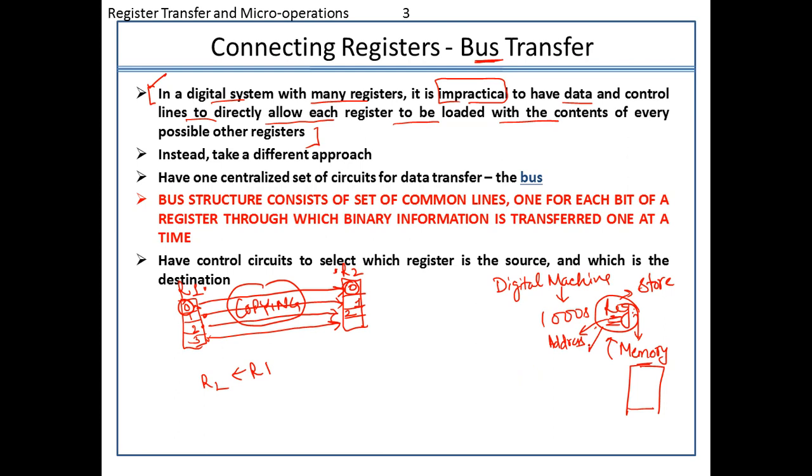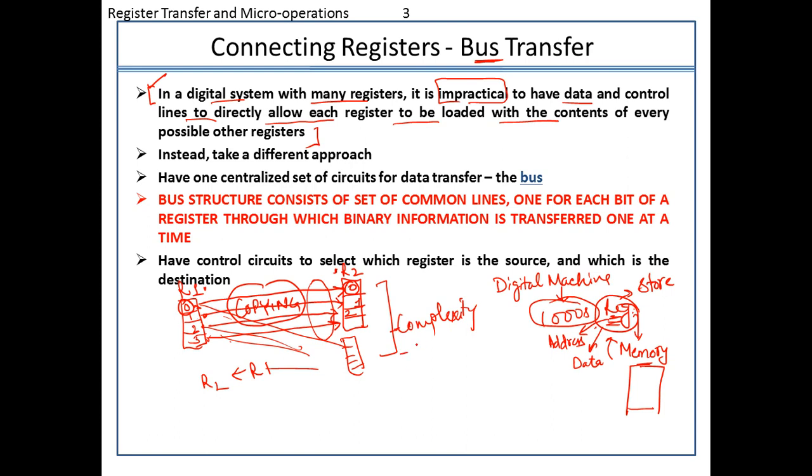So if for one register I need to design four different wirings, think of a machine dealing with thousands of registers. It would be impractical to provide wiring to each and every register like this. It will ultimately lead to complexity.